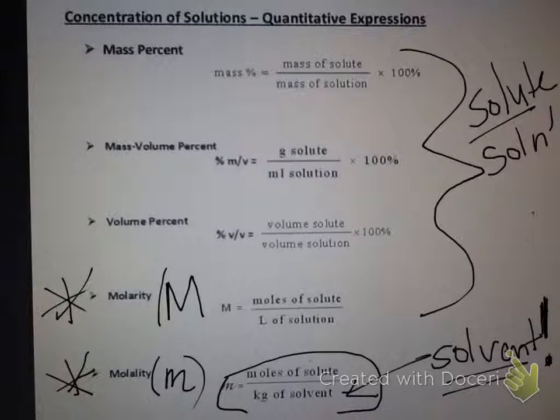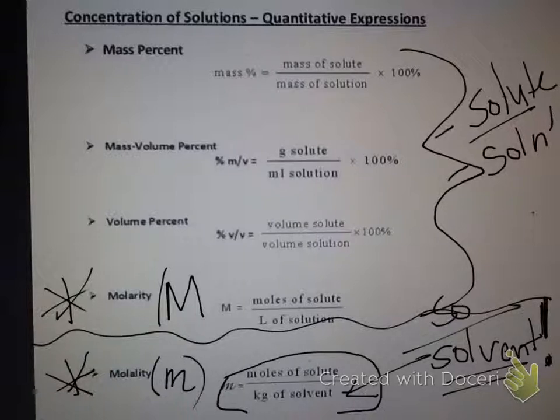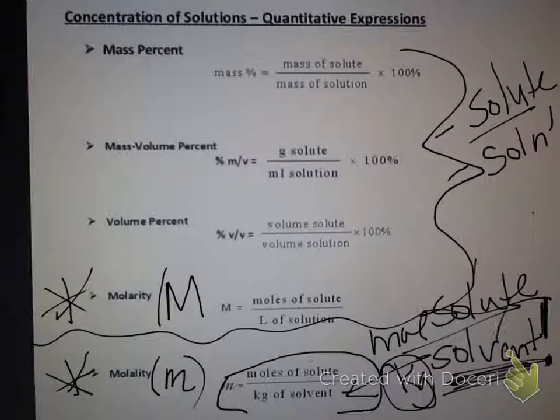So it's always the part over the whole. When we get down to molality, it's the moles of the solute divided by kilograms of solvent. So it's the part over the other part, so not part over whole.